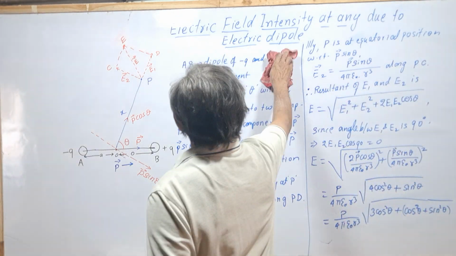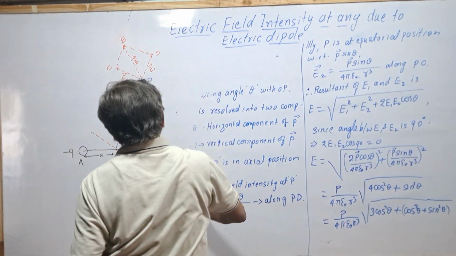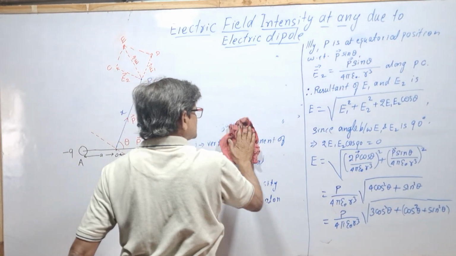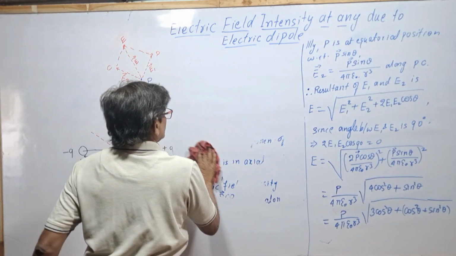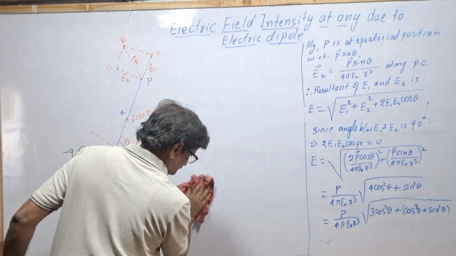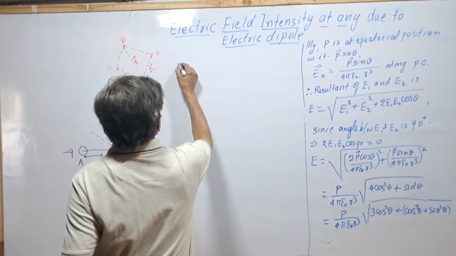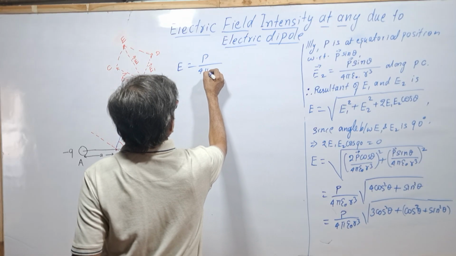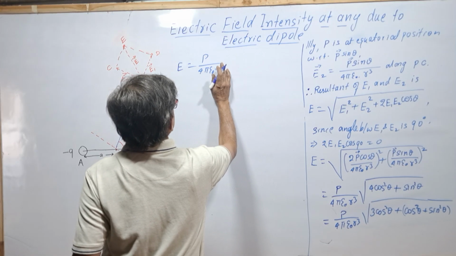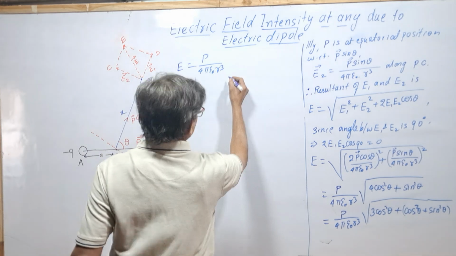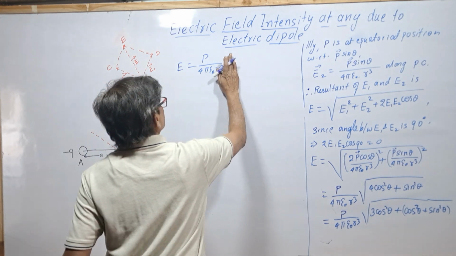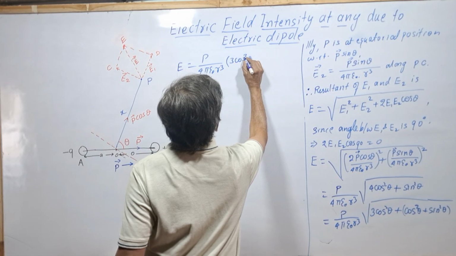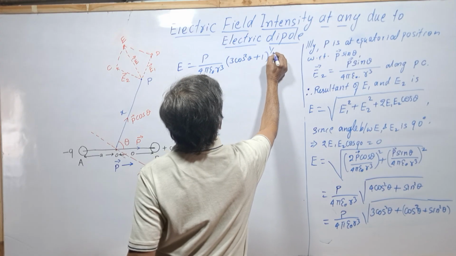So that equation becomes E equal to P divided by 4 pi epsilon naught r cube, times the bracket (3 cos square theta plus 1) to the power 1 by 2.